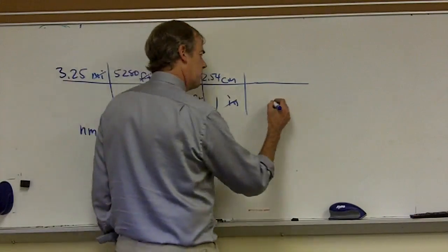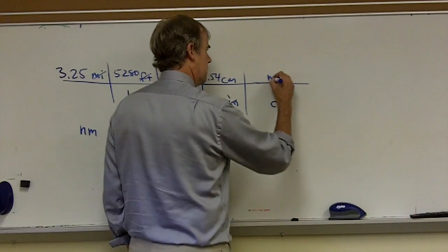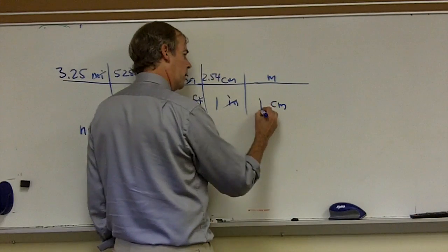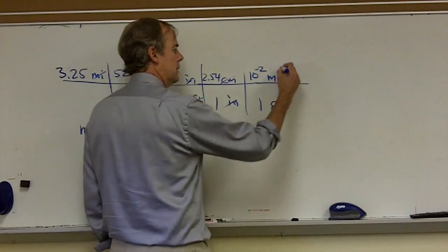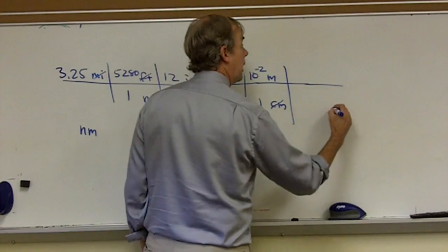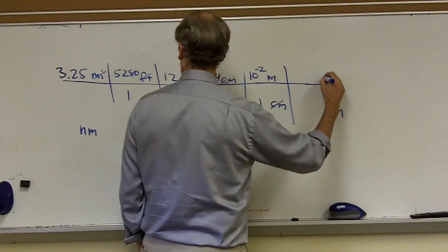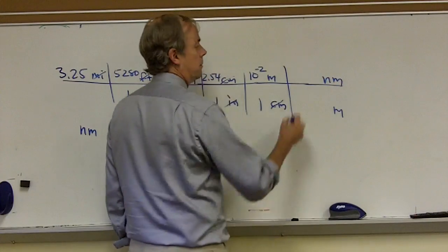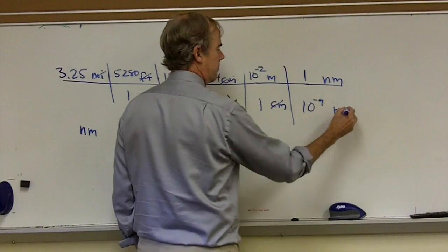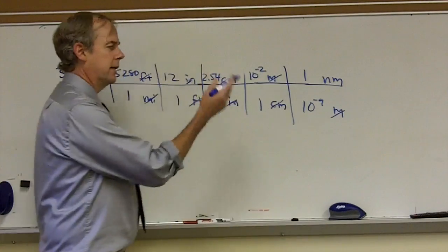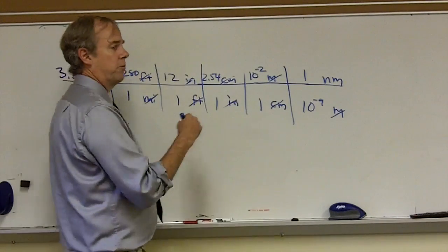I'm first going to convert the prefixed unit to the base unit. 1 centi means 1/100th, 10 to the negative 2. And then lastly, but not leastly, I will convert to nanometers because 1 billionth is 10 to the negative 9th of something. Everything cancels.